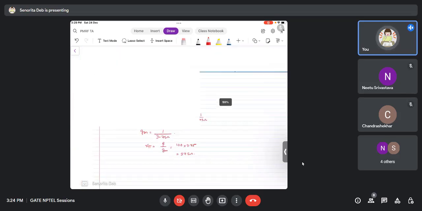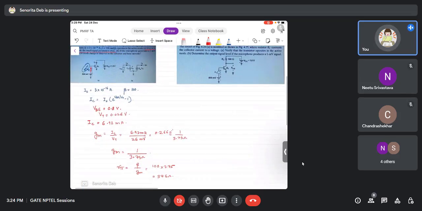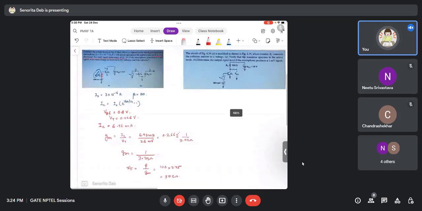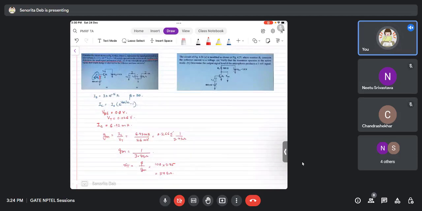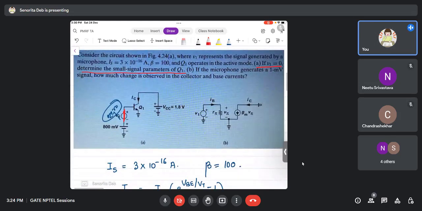This was the first part of the question, where V1 is 0 and you have to find the small signal parameters. So, small signal parameters when V1 is 0 is this GM and R pi value that you got. Now, coming to the second part of the question. The second part says that now a 1 millivolt is applied. So, now V1's value is 1 millivolt.